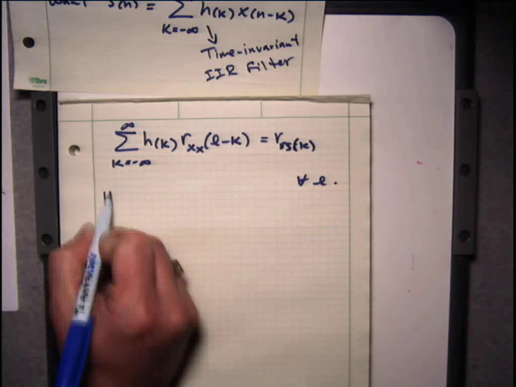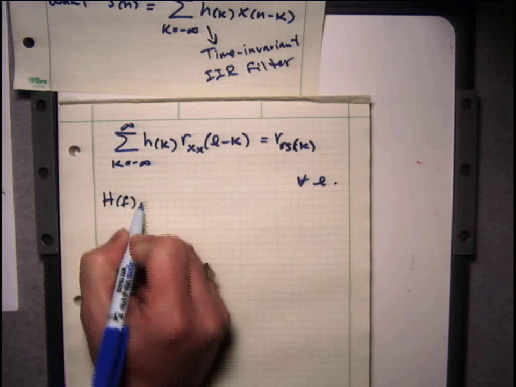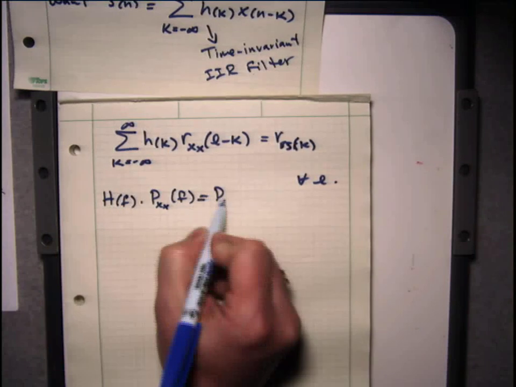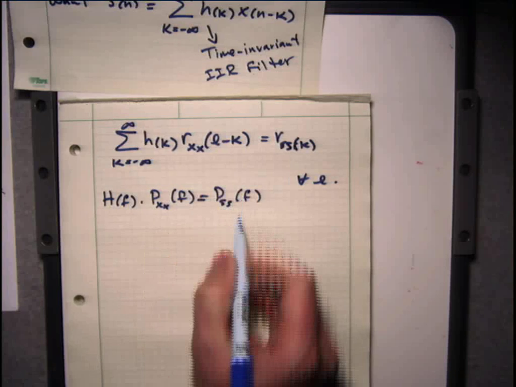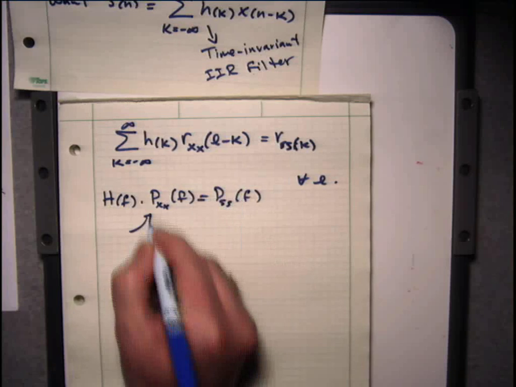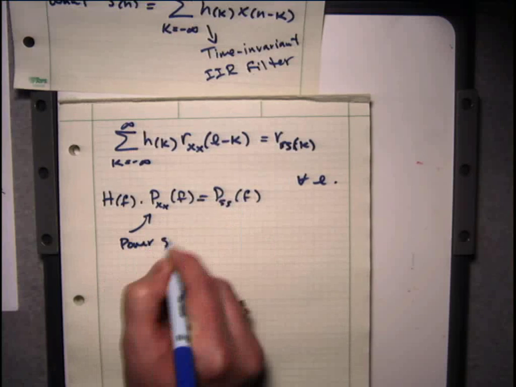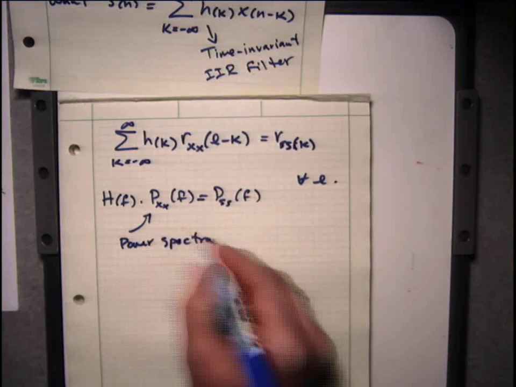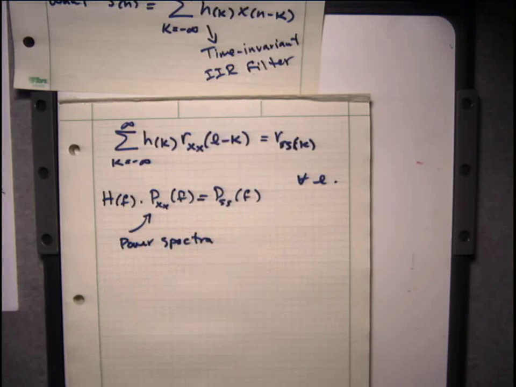So this becomes H of f times P_xx of f equals P_ss of f, where these are now the power spectra of x and s respectively.